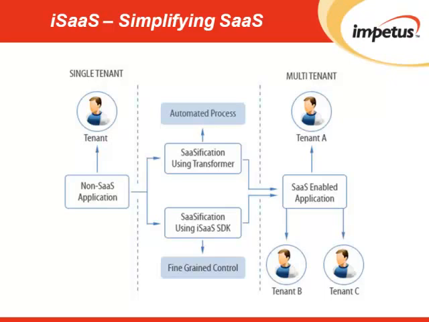The iSaaS SDK API is comprised of marker interfaces that help developers achieve various aspects of a SaaS application with minimum effort, enabling them to concentrate on the business domain implementation rather than SaaS challenges. It provides inherent support for multi-tenancy, subscription, white labeling, user provisioning, and reporting capabilities from a SaaS metering perspective. This platform provides SaaS enablement for Java-based applications with support for all major application servers, frameworks, and database servers.